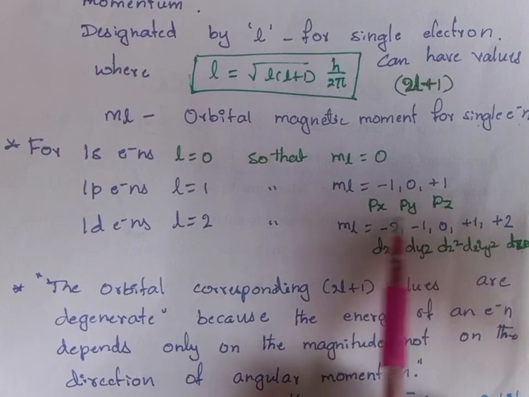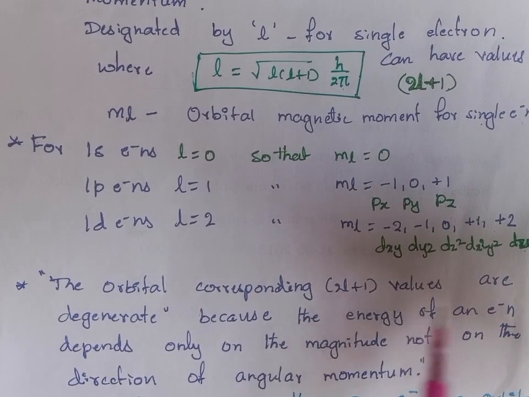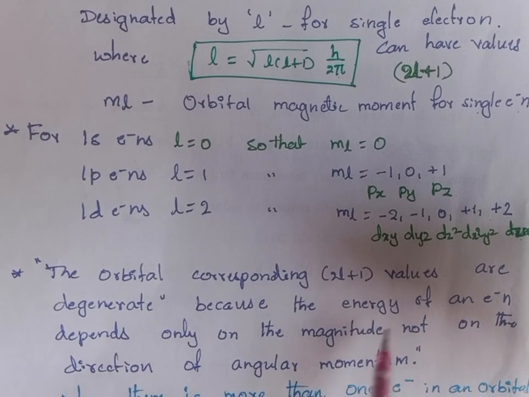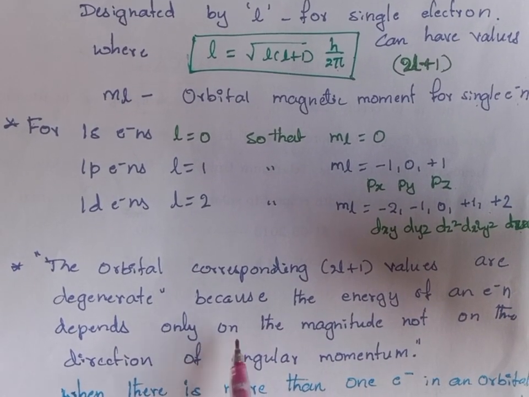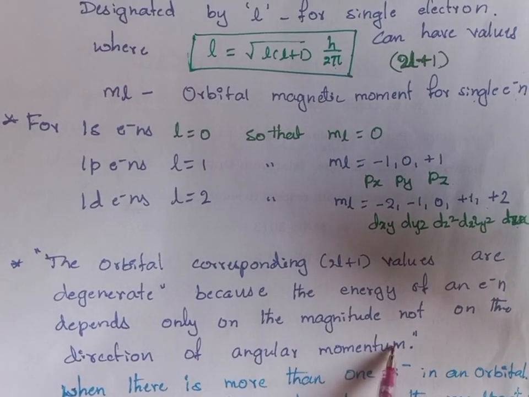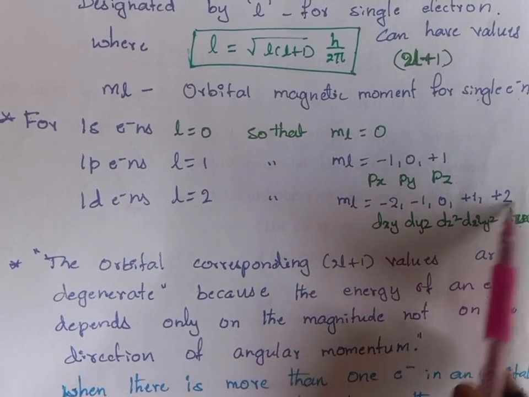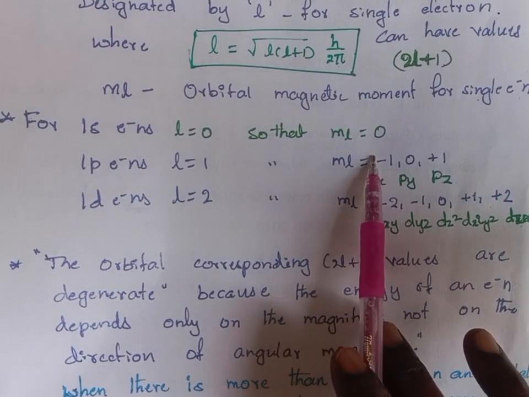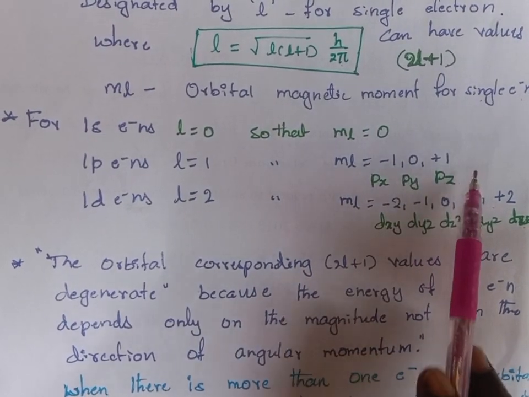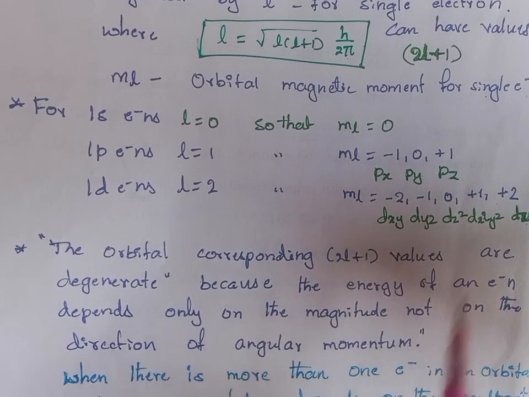All these 5 d orbitals are in a degenerate state because the energy of an electron depends only on the magnitude, not on the direction of angular momentum. So these 5 d orbitals or 3 p orbitals lie in a degenerate state, energetically equal.